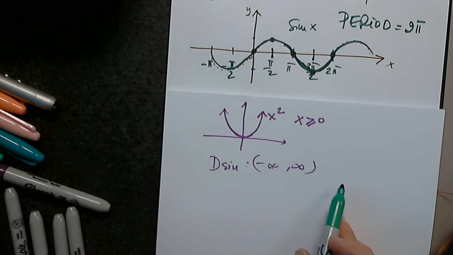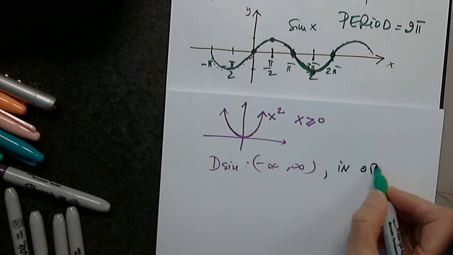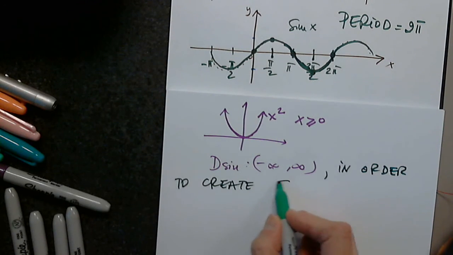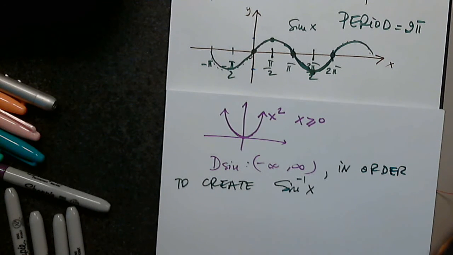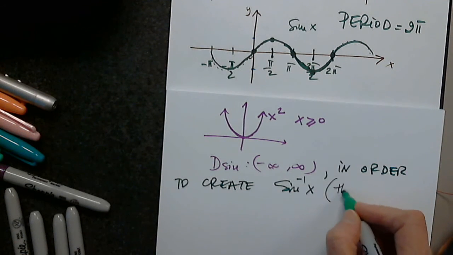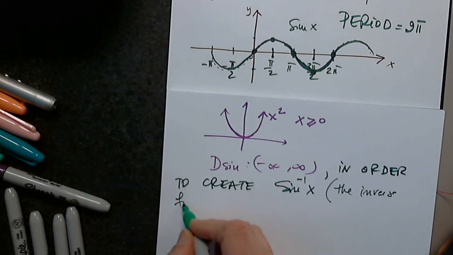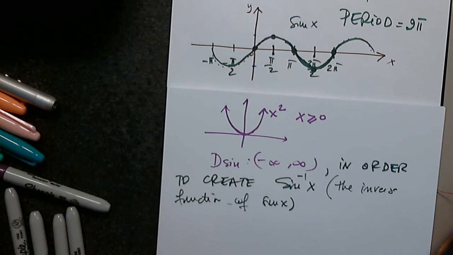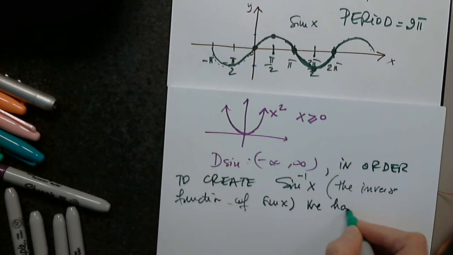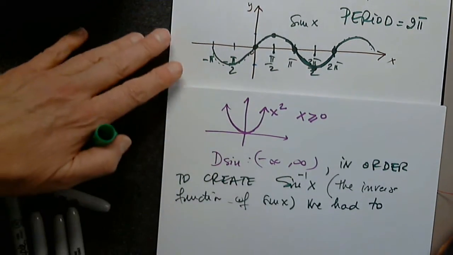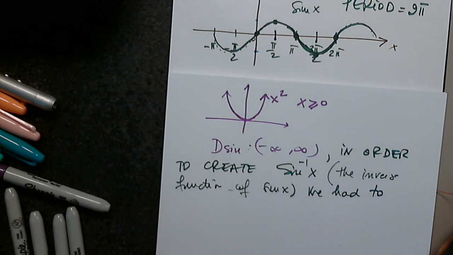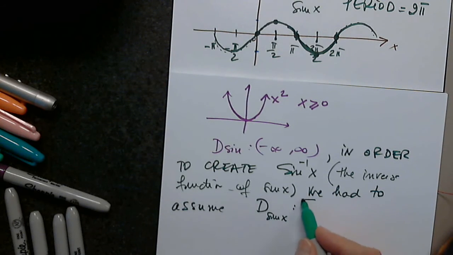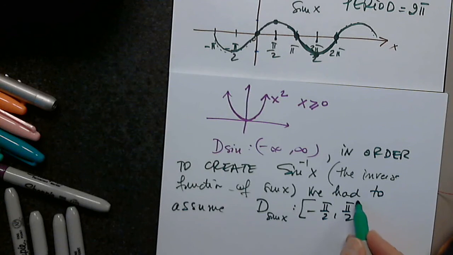Although the domain of sine is all real numbers, in order to create sine inverse x, which is just a notation, this is the inverse function of sine x, we had to assume the domain of sine x to be negative pi over 2, pi over 2.